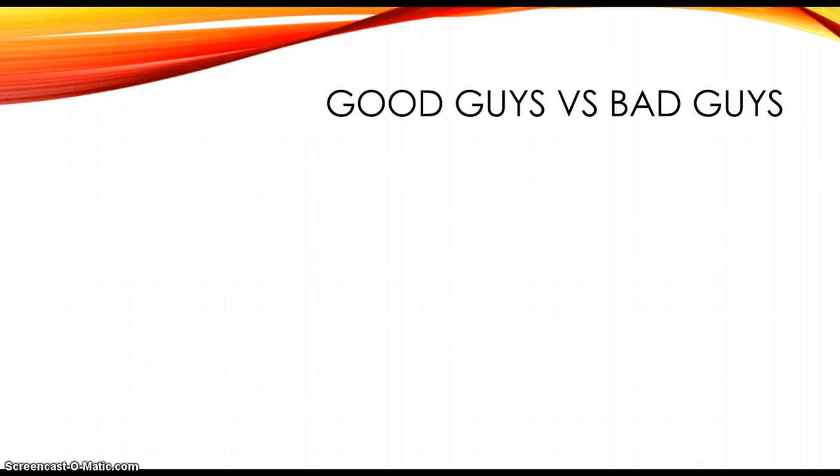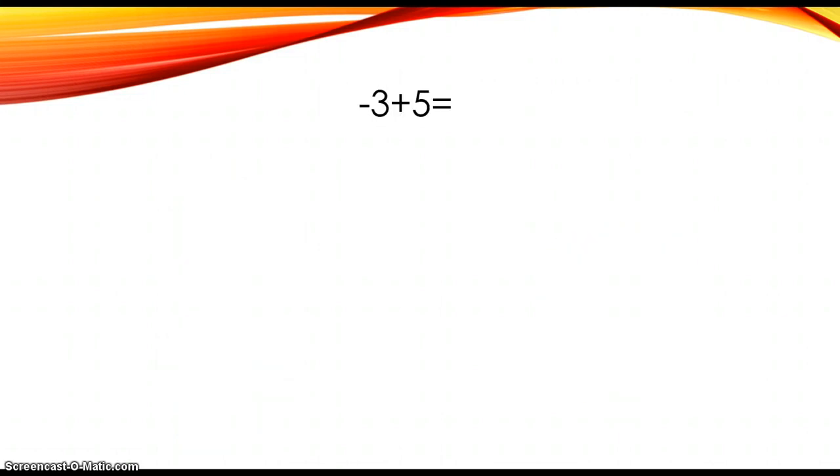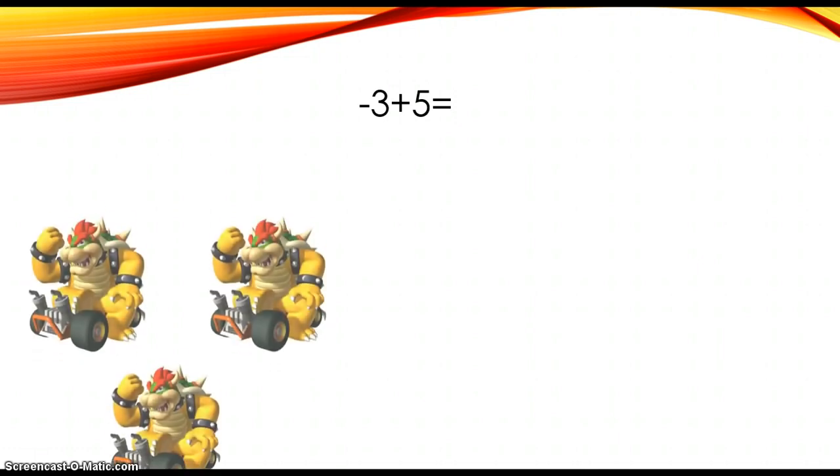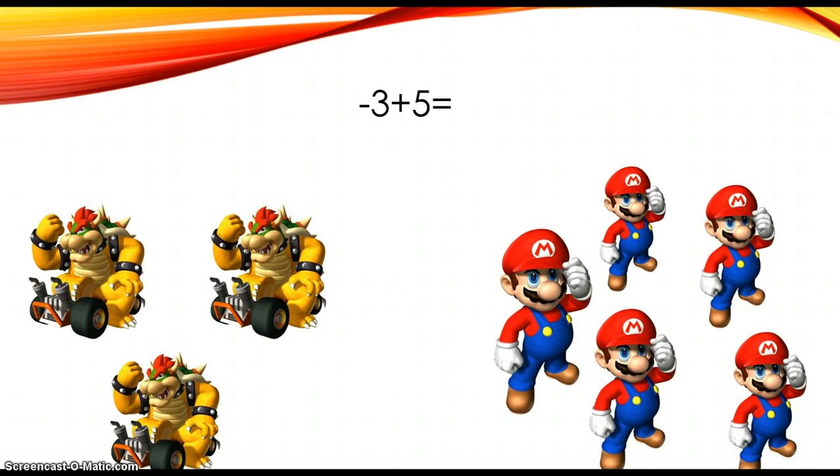Let's look at each positive number as a good guy and each negative number as a bad guy. In this problem, we're going to take a negative 3 plus 5. We're going to combine a negative 3 and a positive 5. Based on what we just said, a negative 3 is 3 bad guys, and the 5 is 5 good guys.